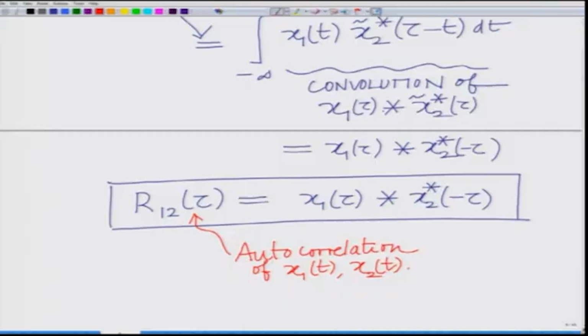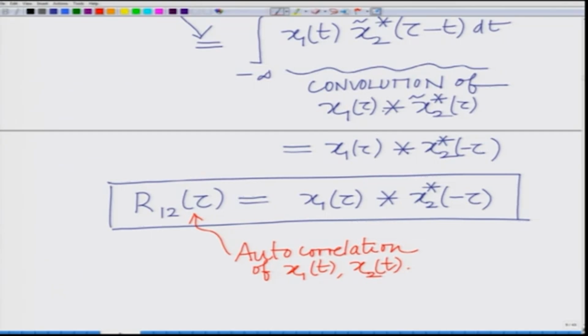And this correlation is an important measure because it is a measure of the degree of similarity between x1 and x2 for a lag of tau. This has a lot of uses, as we are going to see later in our study of communication systems.